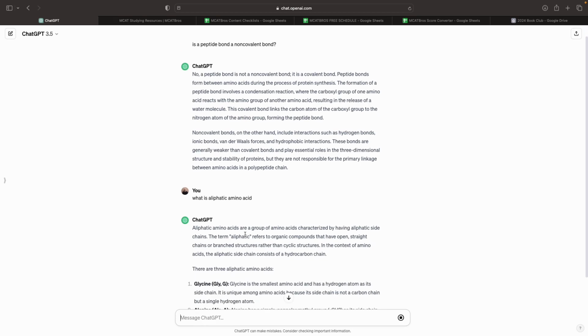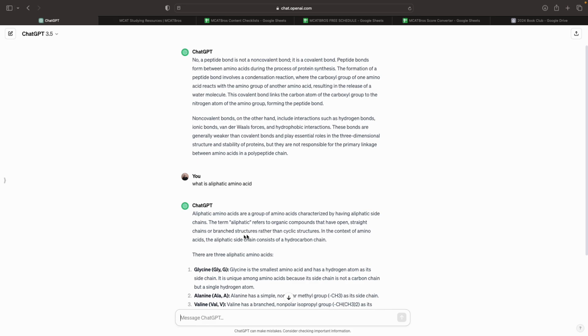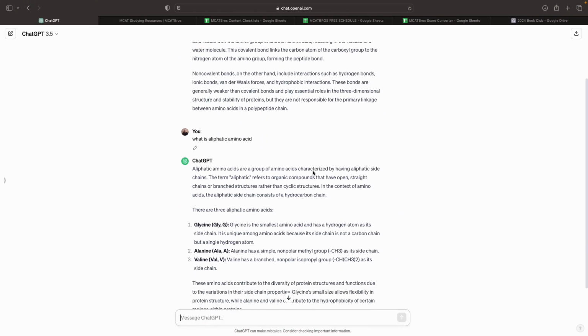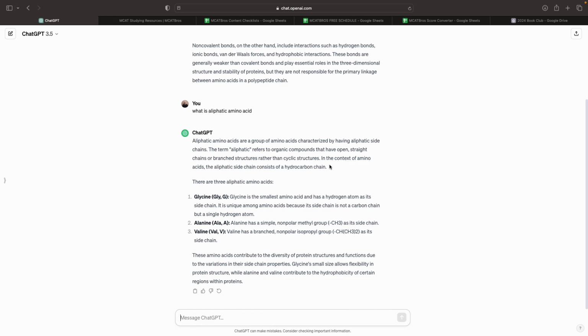Aliphatic side chains. Aliphatic refers to organic compounds that have open, straight chains or branch structures rather than cyclic structures. So aliphatic is the opposite of cyclic. There are three aliphatic amino acids: glycine, alanine, and valine.